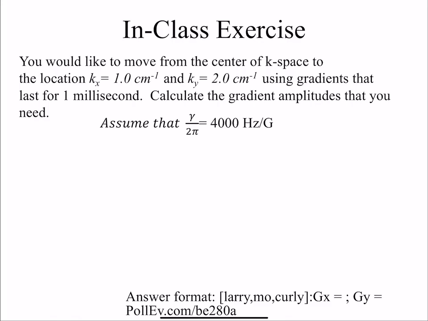And so actually, we have just enough time to do this exercise. Here's the question. You want to move out in k-space to a location kx equals 1 inverse centimeters and ky equals 2 inverse centimeters. The time you have is 1 millisecond. Calculate the gradient amplitude that you would need to get out to that part in k-space, and to keep it simple, assume that gamma over 2 pi is 4,000 hertz per Gauss, so that the algebra will be very simple.